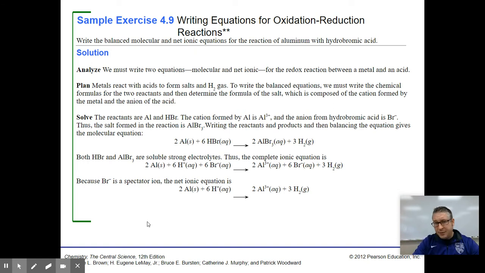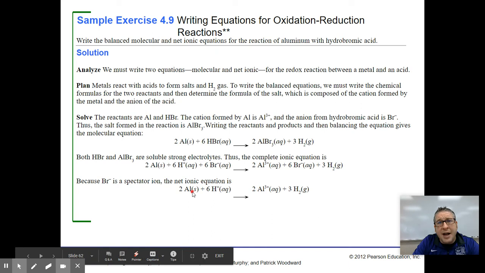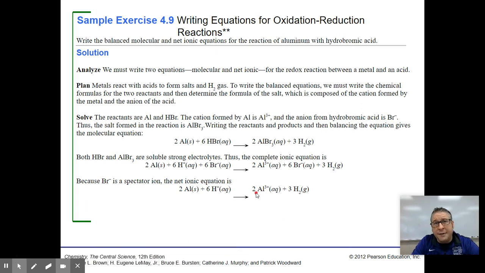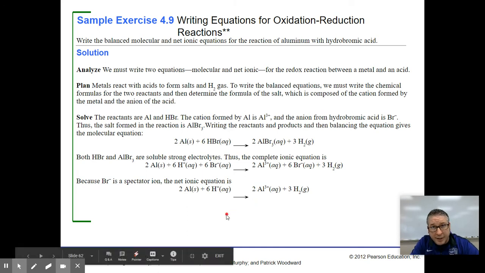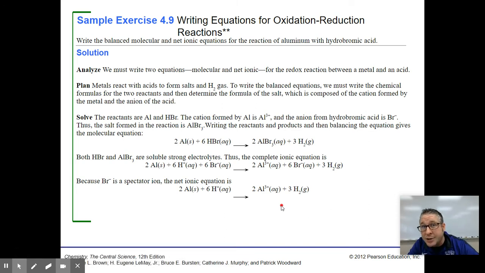It's a solid, and therefore it would have an oxidation number of 0. Over on the right-hand side, after the reaction has taken place, aluminum has an oxidation number of 3 plus. So it went from 0 to 3 plus. It became more positive, so it had to lose electrons. That means that aluminum was oxidized.